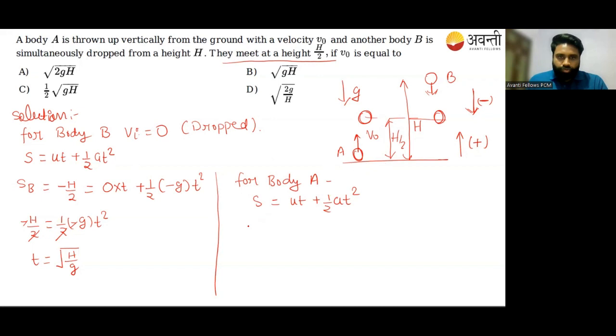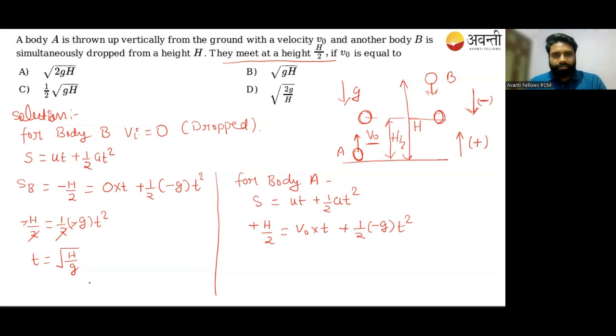So it is plus h by 2 equals u times t. What is the velocity of this ball initially? It is given as v naught. V naught multiplied with time plus 1 by 2 times a, which would be considered minus g because it is acting in downward direction, times t square.